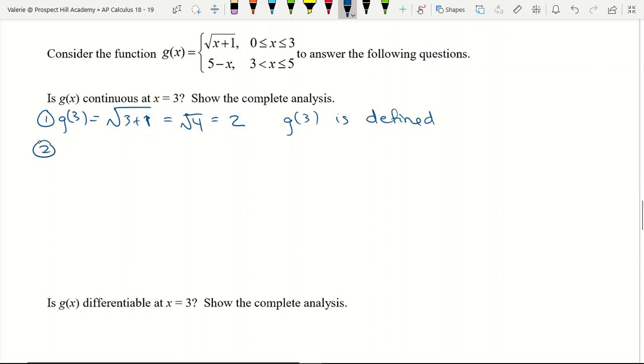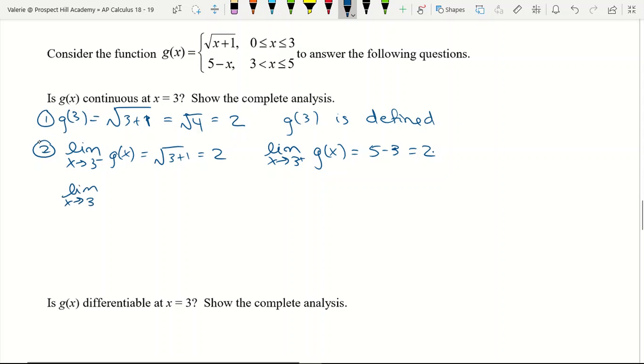Second thing that must be true is the limits, right? So the limit as x approaches 3 from the left of g of x is equal to square root of 3 plus 1, which we just found to be 2. And the limit as x approaches 3 from the right of g of x is equal to 5 minus 3, which is equal to 2. So the limit as x approaches 3 from the left of g of x is equal to the limit as x approaches 3 from the right of g of x.